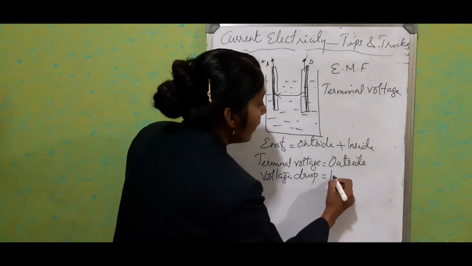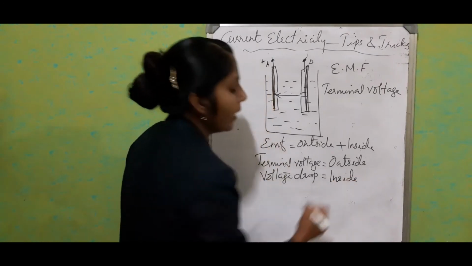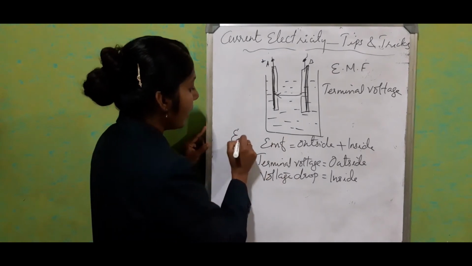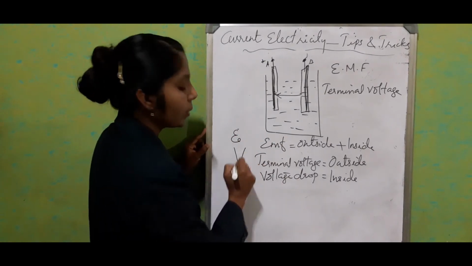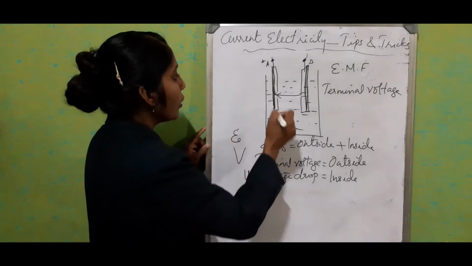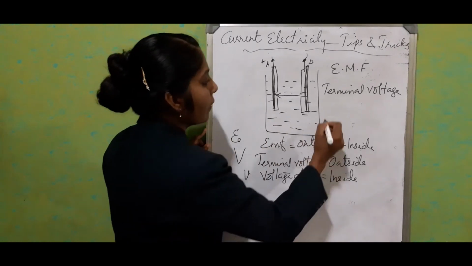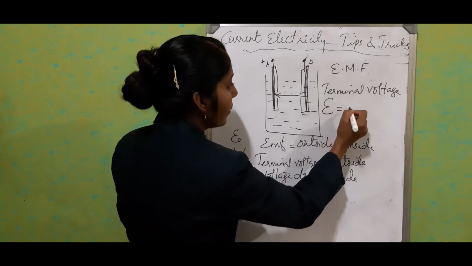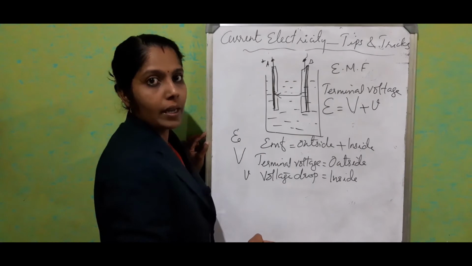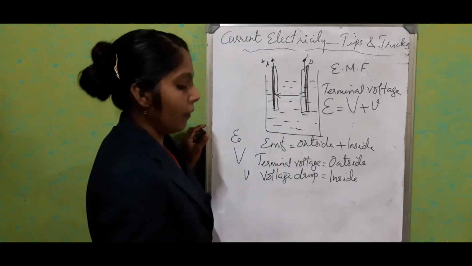That is called voltage drop. So EMF is represented by epsilon, terminal voltage with capital V and voltage drop with small v. So on the basis of this, we can write epsilon is equal to capital V plus small v.